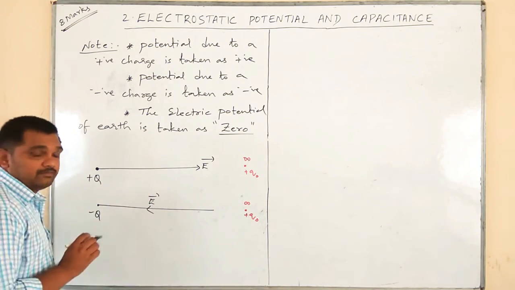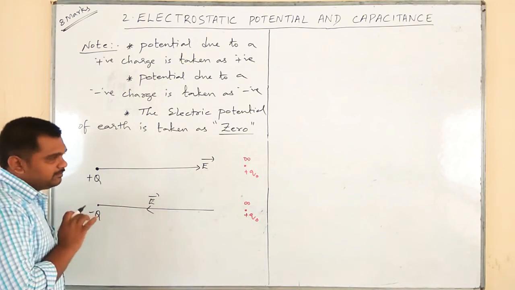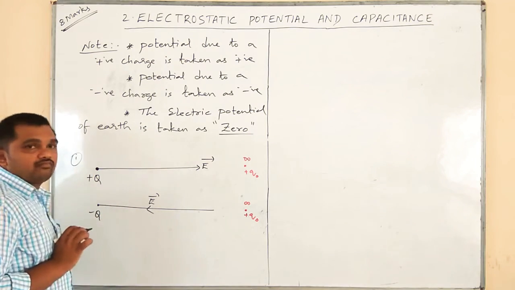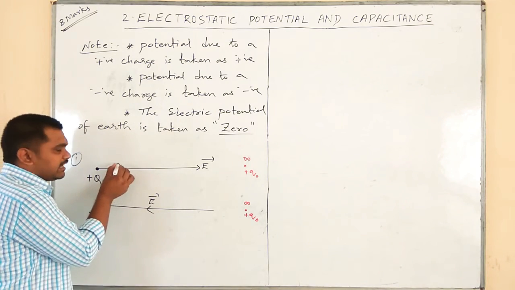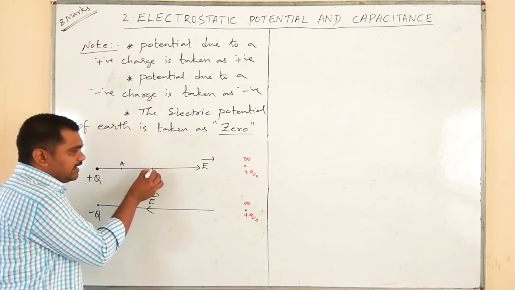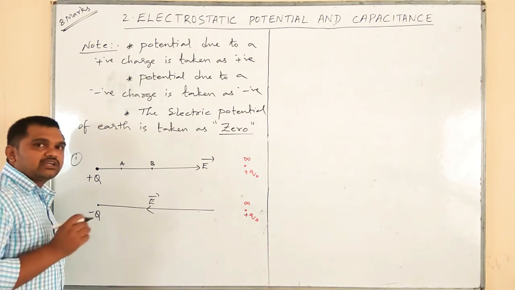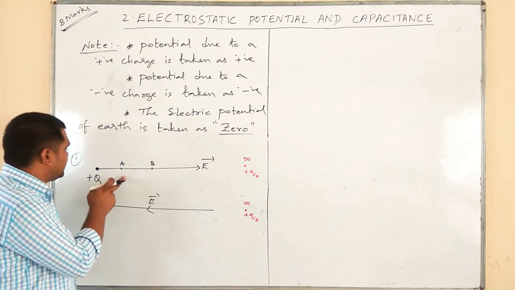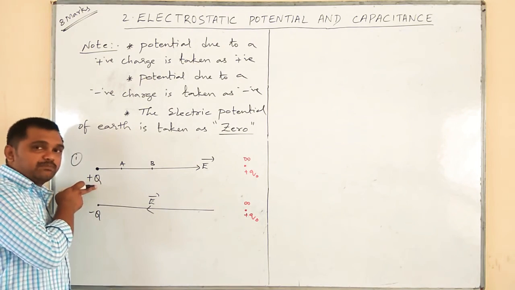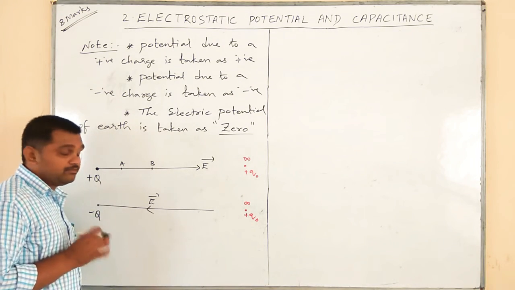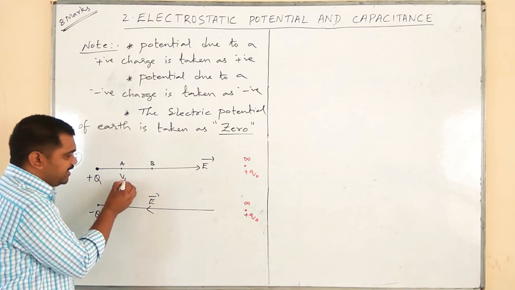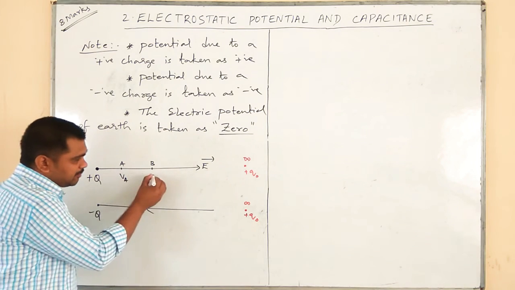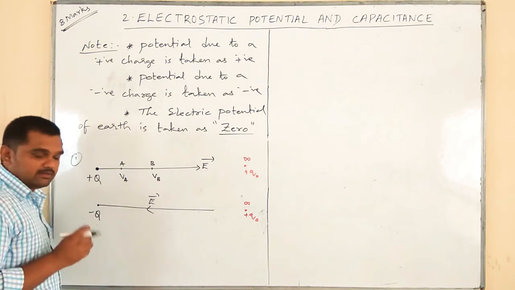Now, take a look. I will tell you two things here. First one, if you take two points A and B, at which point is the electric potential due to this plus Q more? Here the potential is VA, here the potential is VB, for example.